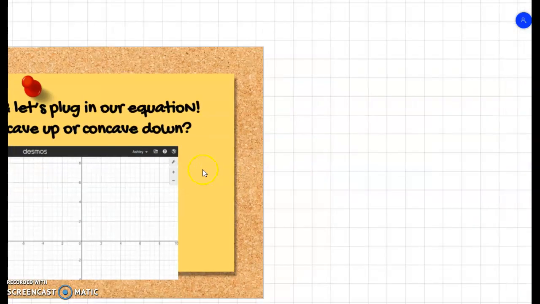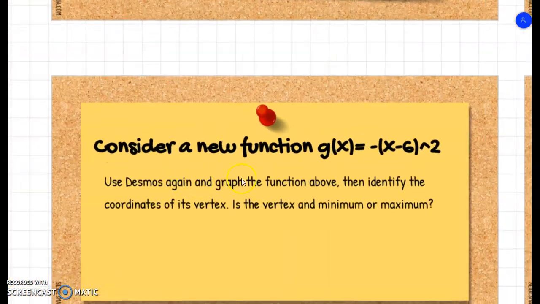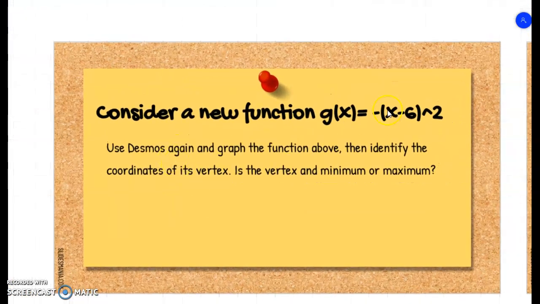Okay, now we're going to try a different one. Now we're going to consider the function with a negative sign in front of the parentheses. Same equation, just a little bit different. We're going to see what the coordinates, the x and y points, meaning x comma y, of this vertex are.